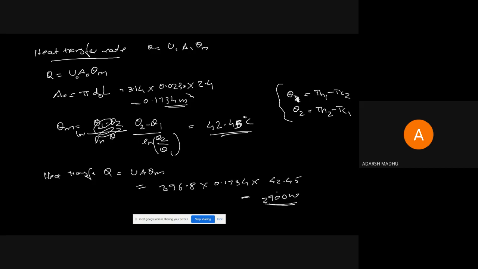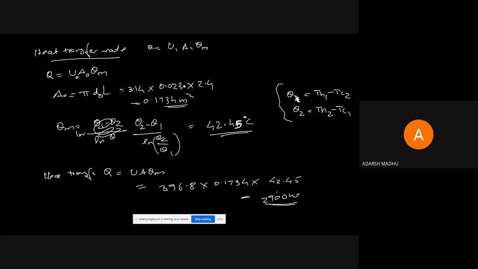This is how to do a particular problem. If the question mentions a fouling factor, the fouling factor will also be in the equation. If there is no fouling factor, you can remove or ignore the RF terms.